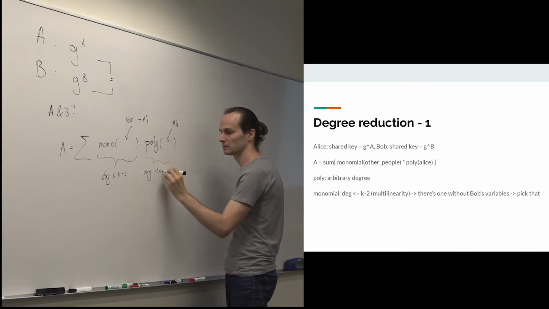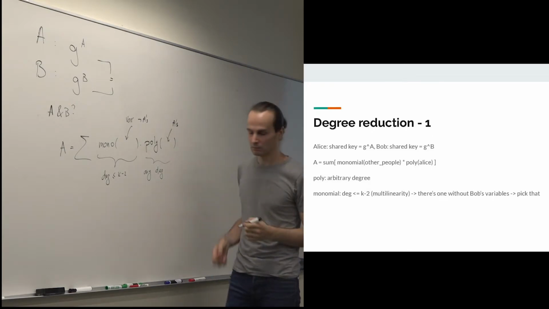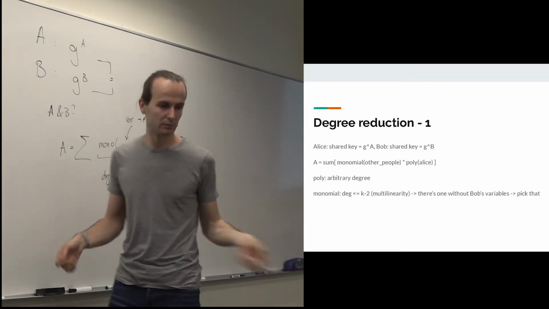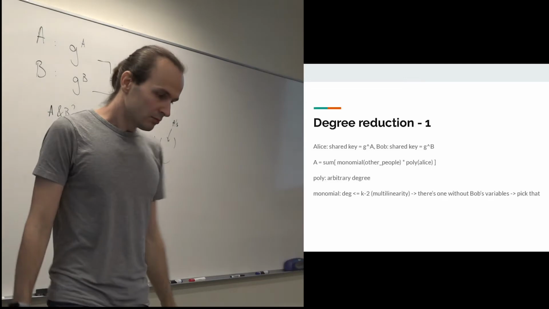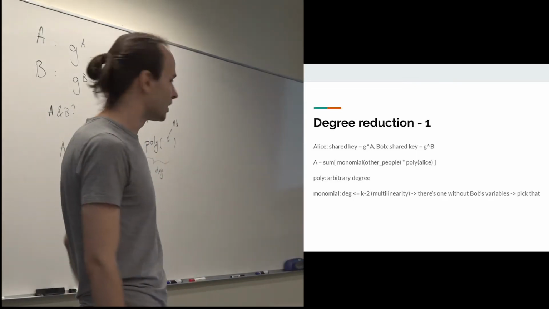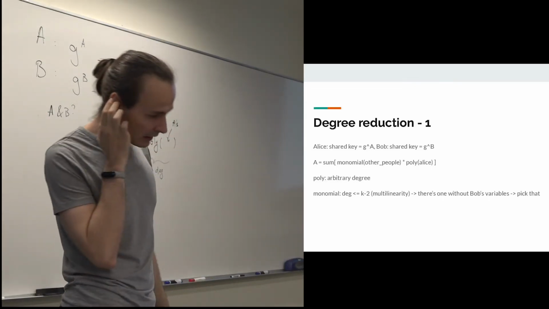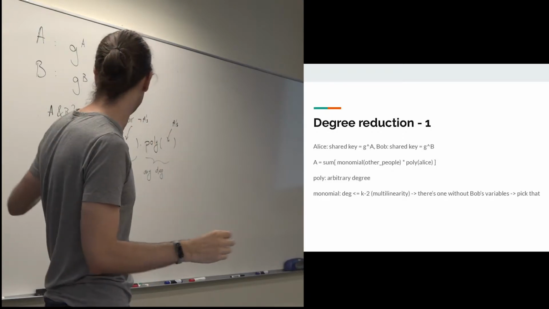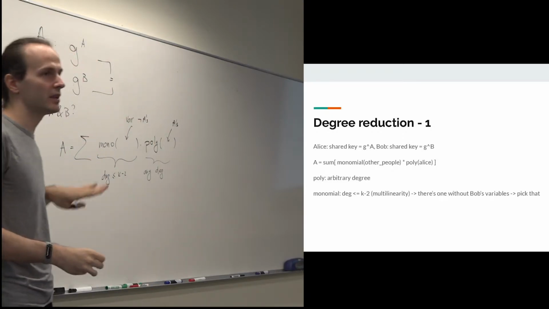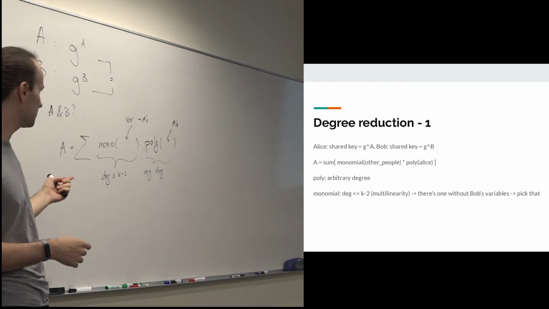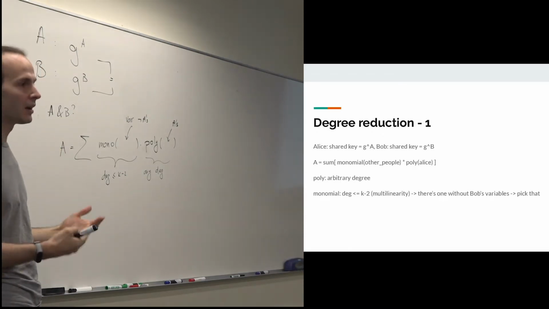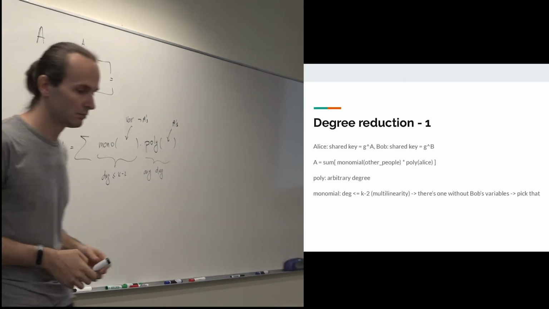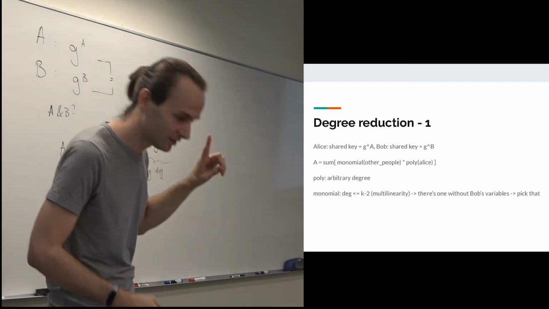Any degree. Exponentiations are arbitrary. And when I write it this way, I'm not saying that Alice is computing it this way. I'm just saying that mathematically you can write it down like that. And that's important.